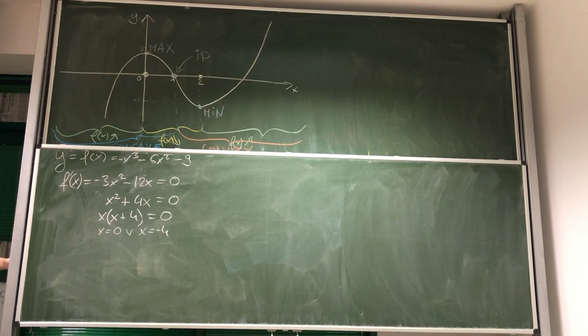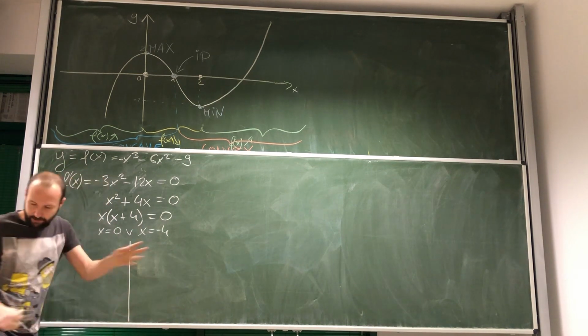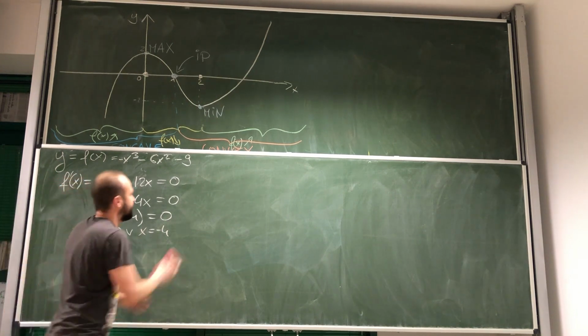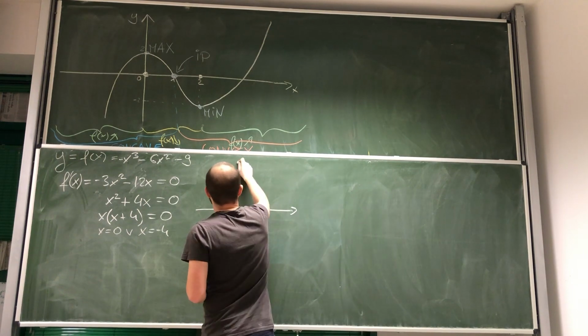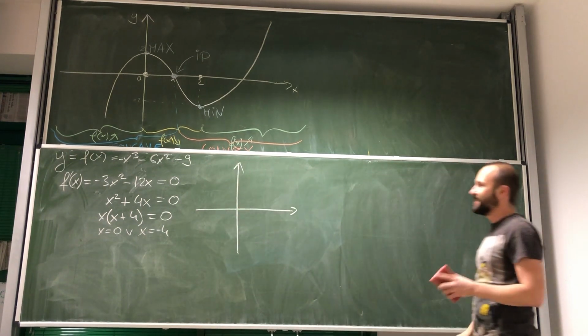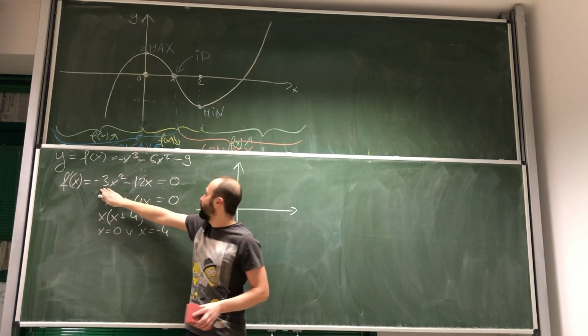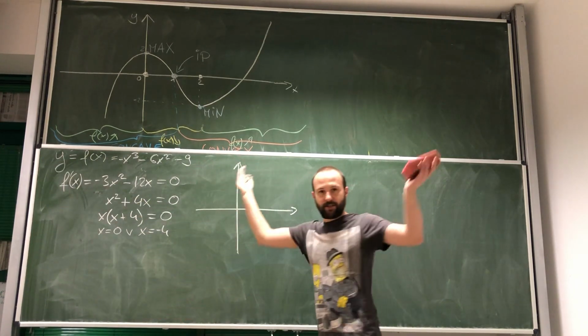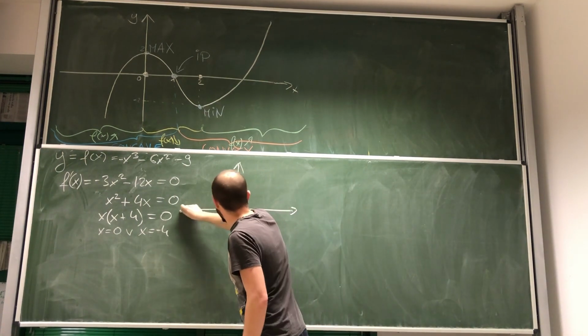Now, I need to draw a parabola again. I'm going to draw it a little bit to the side, just to make it a better graph. And look, one thing is different here. Our parabola now has a negative coefficient, which means it's going to have its hands down.